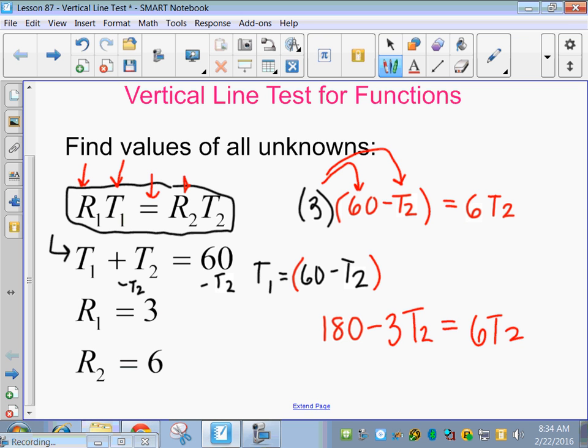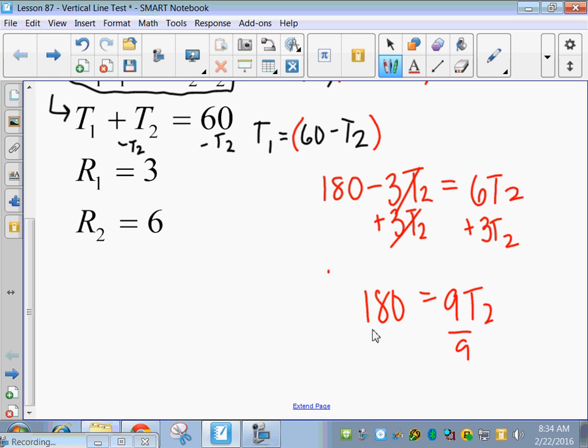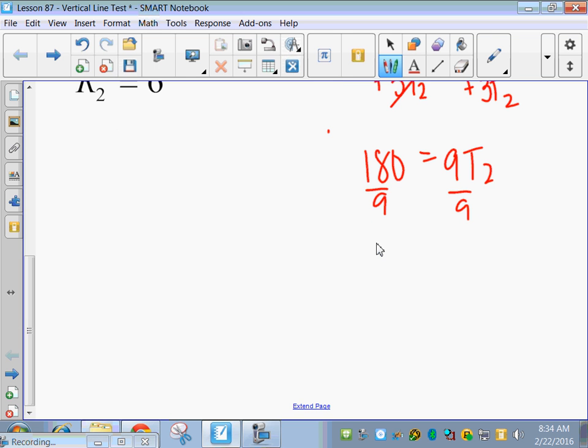Get all your T2s on one side, so I distributed. Now I'm going to get all my variables together here. So I'm going to add 3 T2 to both sides. So I have 180 on the left-hand side, and on the right we have 9 T2. Divide both sides by 9, and we get 20 for T2.